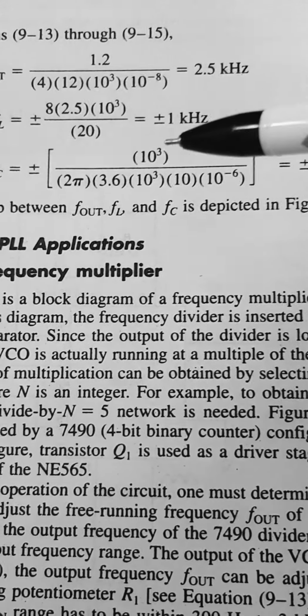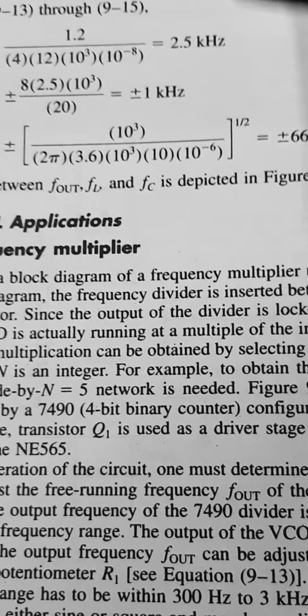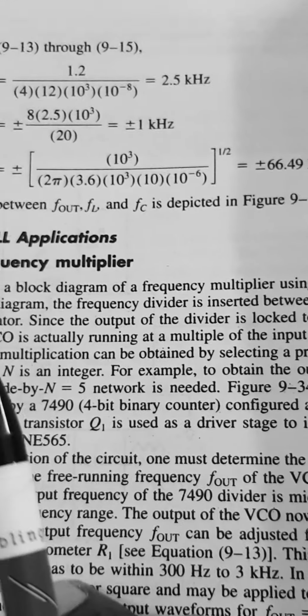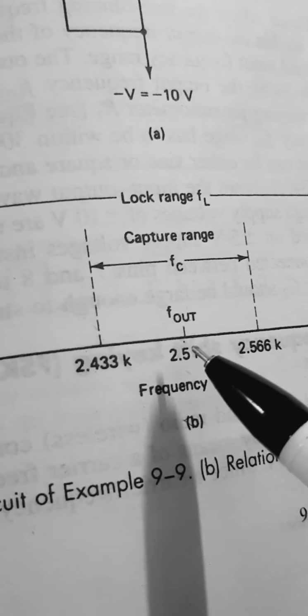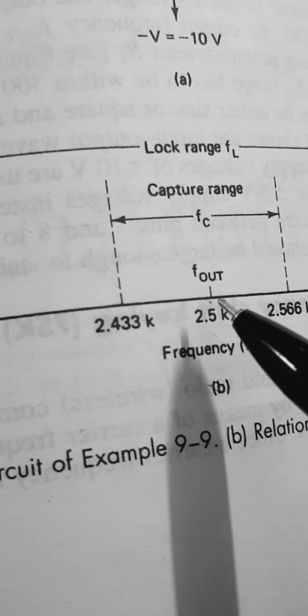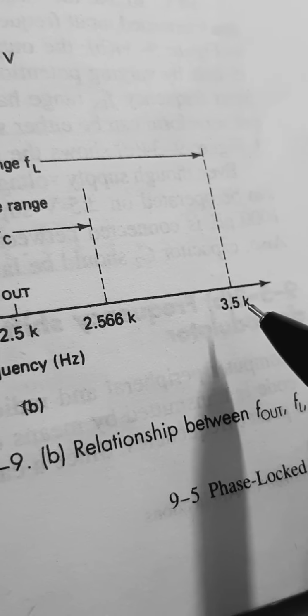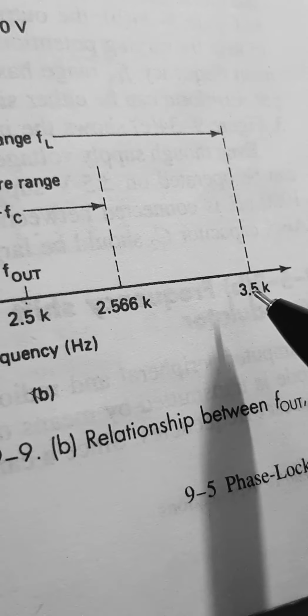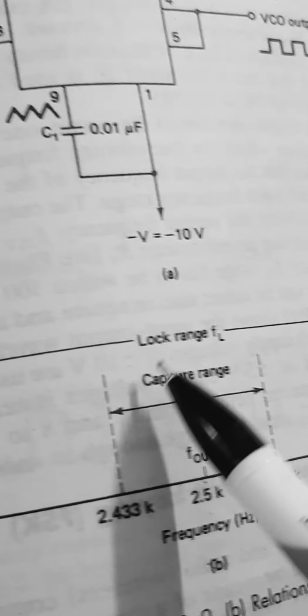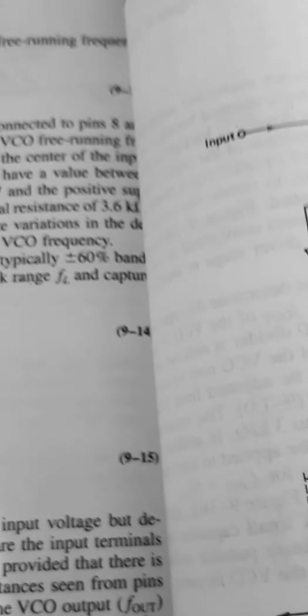So you will get plus or minus 1 kilohertz with respect to your 2.5. 2.5 is here, plus or minus 1. So 2.5 plus 1 is 3.5, and 2.5 minus 1 is 1.5. So this is the lock range.